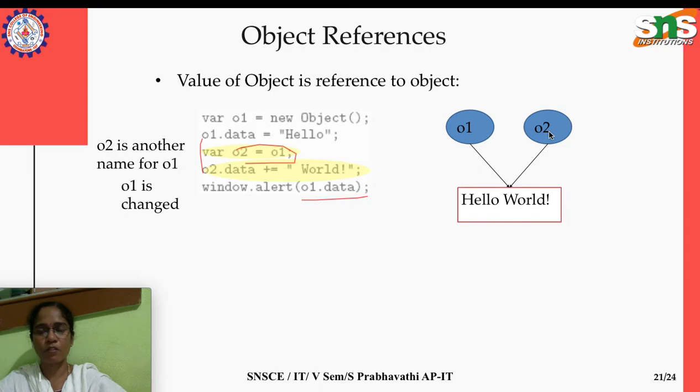Okay, so now if you refer to either o1 dot data or o2 dot data, it is changed to hello world. So the value of one object is referred to by the other object, and making a change in one object will also reflect in the other object. So that's the concept of object reference.